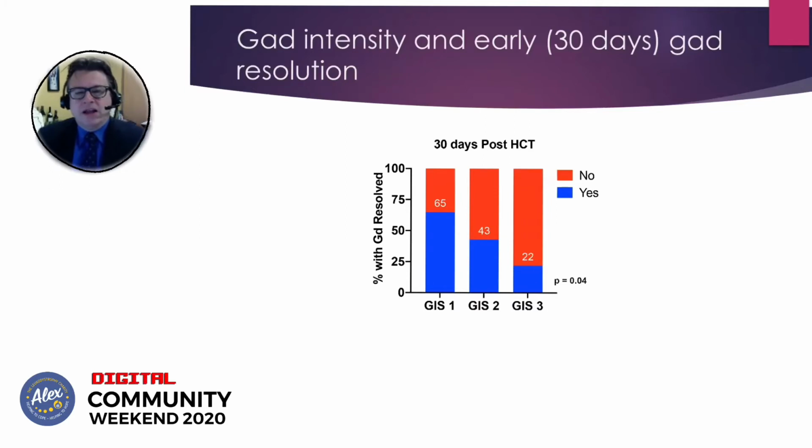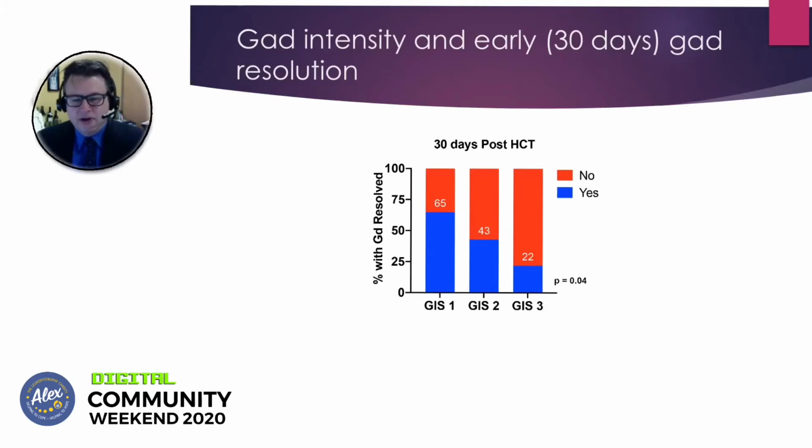So let's take a look at boys with gadolinium resolution 30 days post-transplant. So this is our first MRI time point and the fastest that you can resolve your gadolinium, because that's our first time we look. And so I just simply plotted out yes or no, did the gadolinium go away? Yes is in blue, no is in red, and then according to their pre-transplant gadolinium intensity score, or GIS.